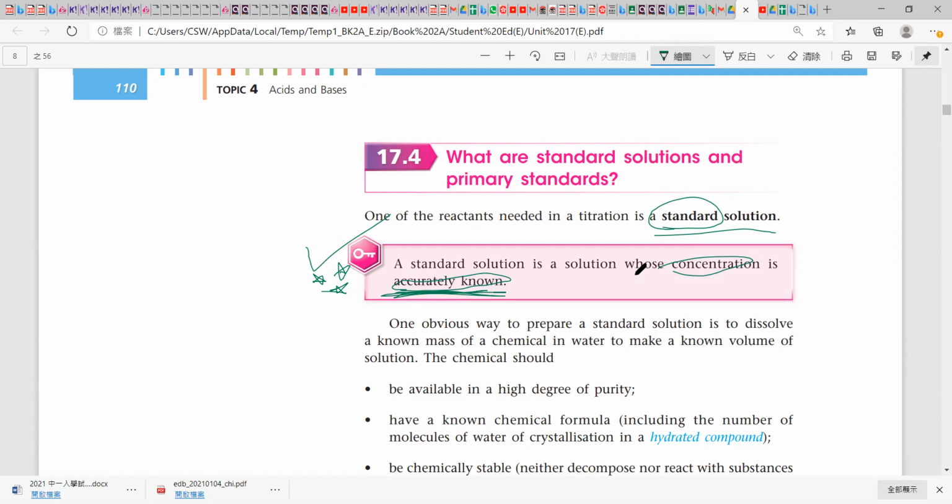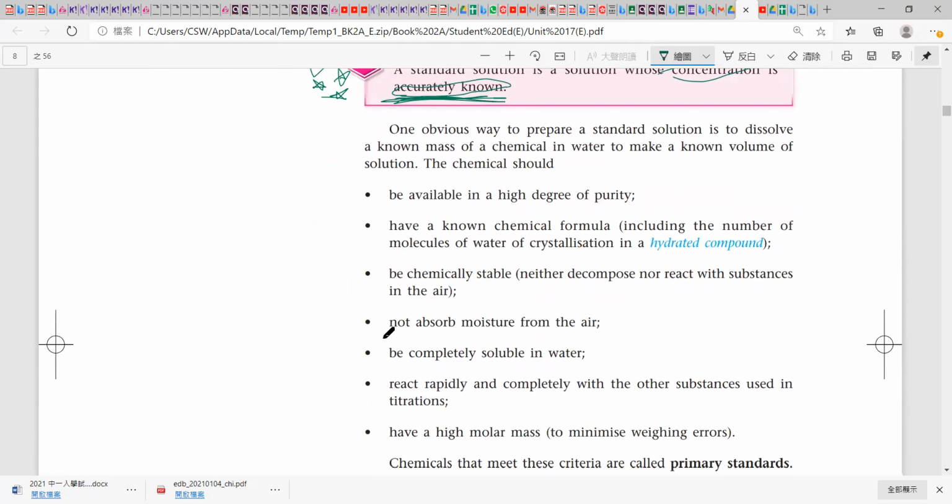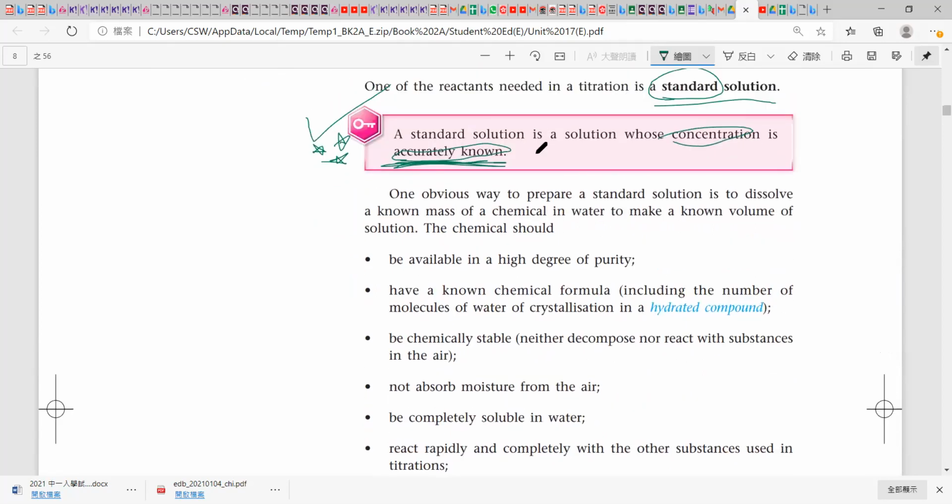Now, no need to bother anything about the solvent, especially the physical quantities. Why? You will know it soon. Now, before you talk about preparing standard solution, which means that we need a solute with a known mass and the solution which is known volume of solution, not solvent.